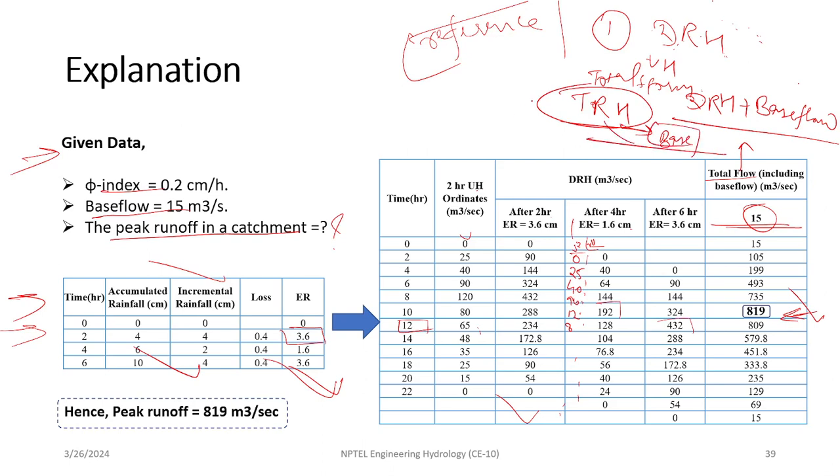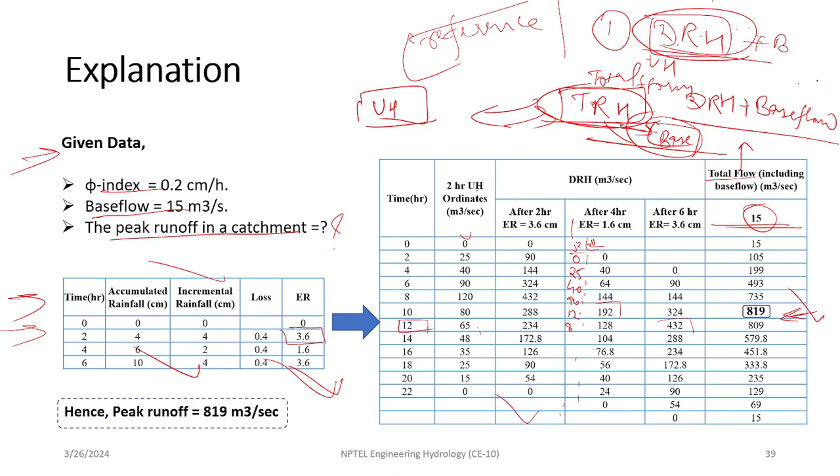So in order to proceed for generating a unit hydrograph, you need to subtract this base flow. Or if they ask you to compute the TRH, total runoff hydrograph, then you need to add DRH with base flow, because while you are subtracting the base flow, you are getting DRH, and while you are adding the base flow with DRH, you are getting the TRH. That is the total runoff hydrograph. Sometimes you may get confused while solving the problem, so keep these things in your mind.